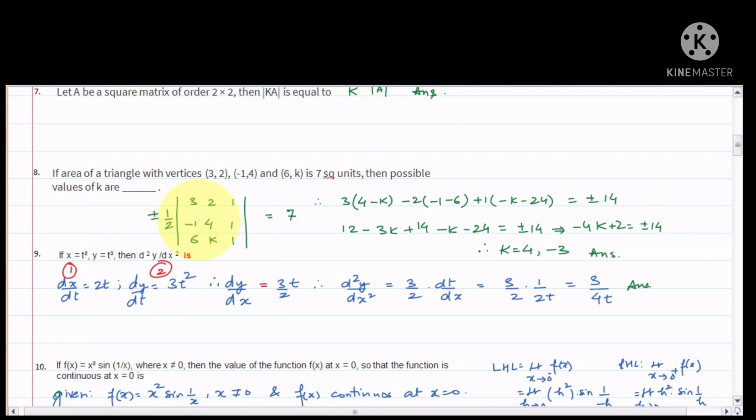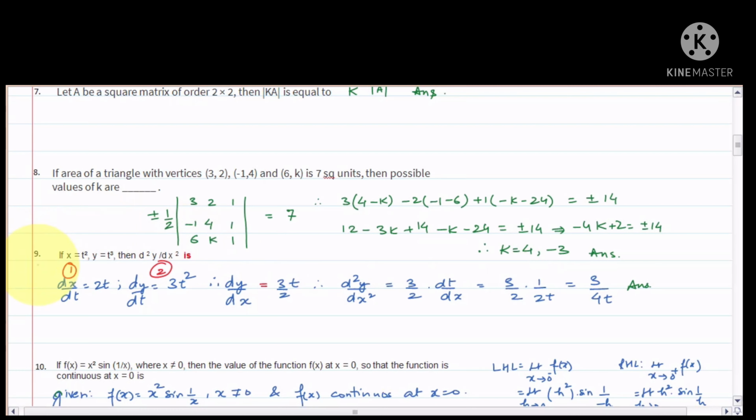The area will be half of this determinant, which is equal to 7. Seven is given to us, but this determinant can yield a positive or negative value, so we'll take both signs, plus and minus. Using both signs and solving this determinant gives us the values of k as 4 and -3.